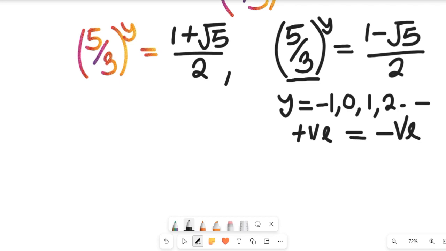So positive can never be equal to negative. As a result of that, I'm going to neglect this expression, while we can get our solutions from this other expression.